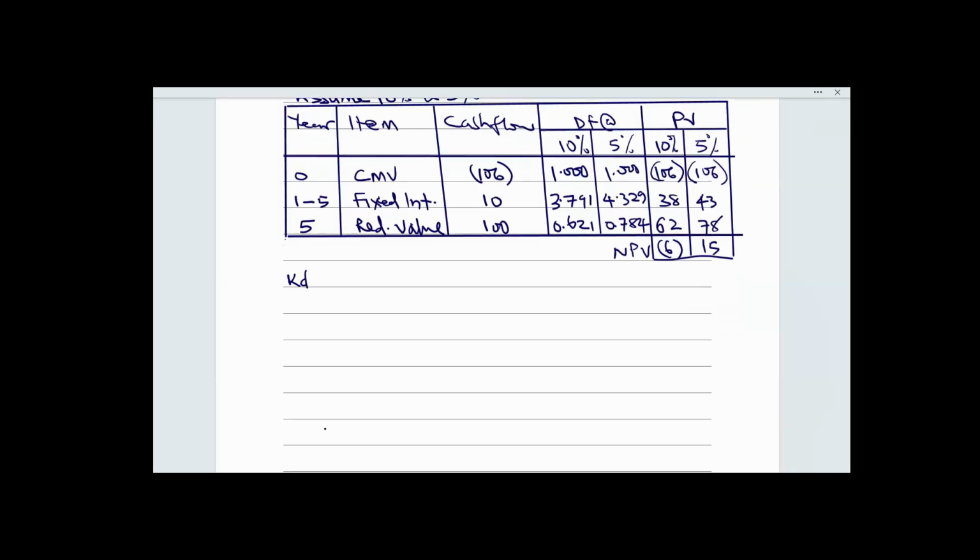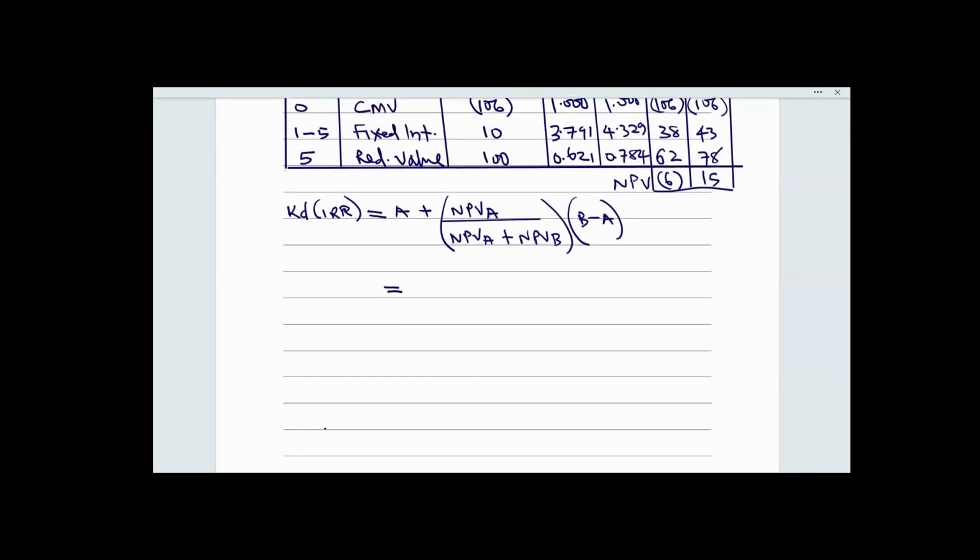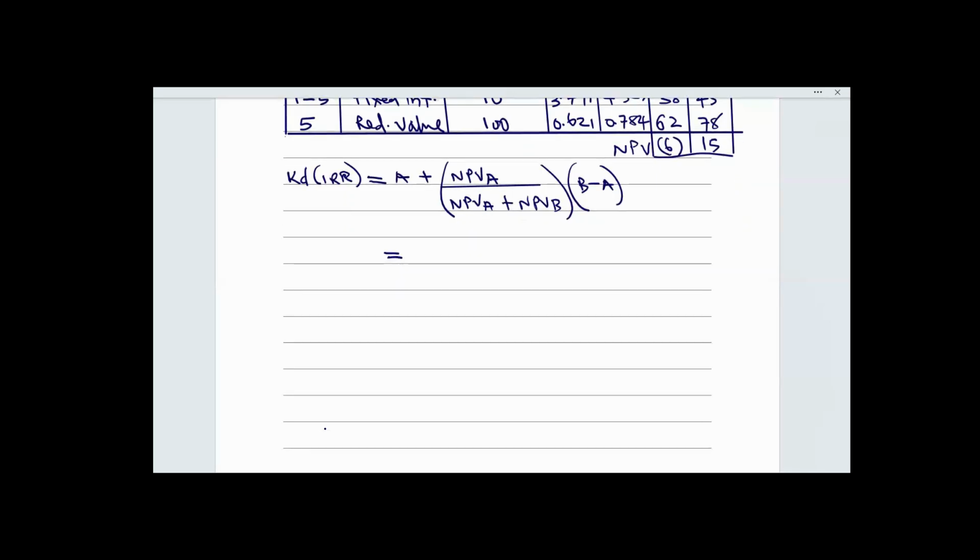So KD, cost of redeemable debenture, that is internal rate of return, is calculated as lower discount rate plus net present value of the lower over net present value of the lower discount rate plus net present value of the higher discount rate, multiplied by higher discount rate minus lower discount rate.